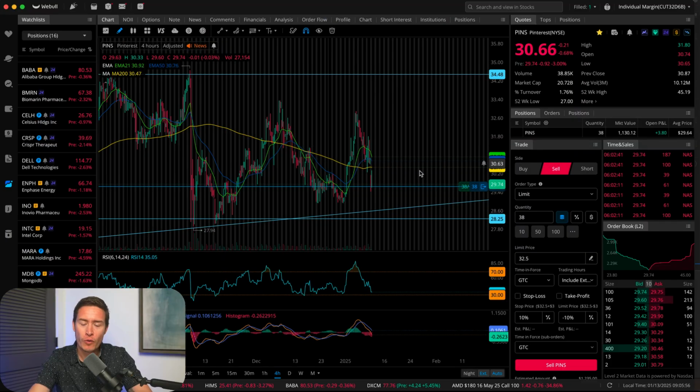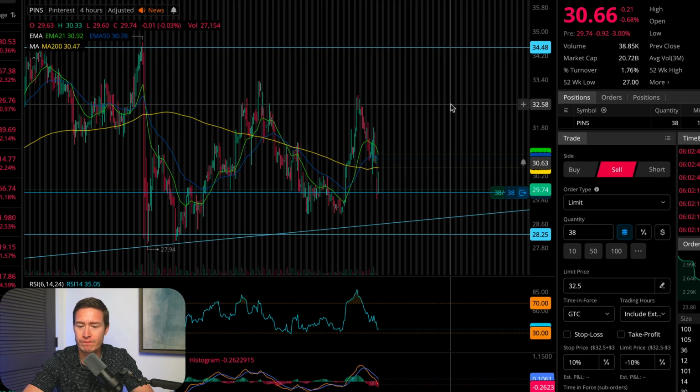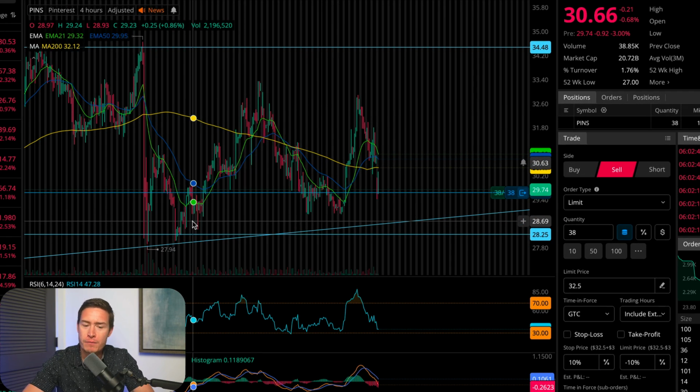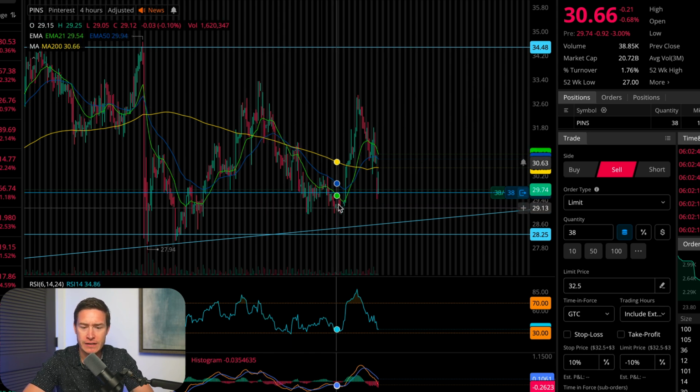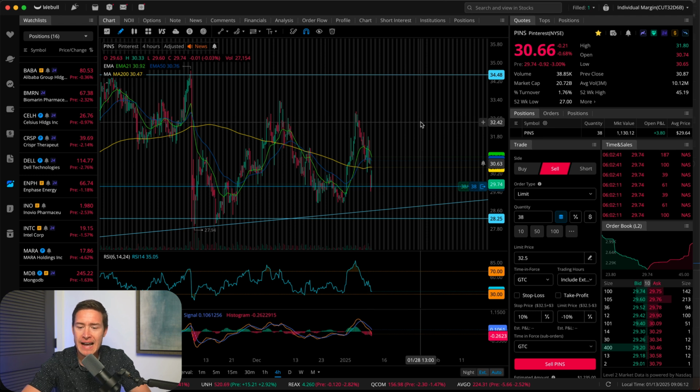So the second example is going to be selling at a key level of resistance, and you're also not going to be around to do so. For example, let's say I want to sell Pinterest stock once it reaches 32.50. You can see here, previously it reaches this area of resistance and it gets rejected. Okay, patterns tend to repeat themselves, but they don't always have to. Let's say I want to sell if this stock reaches 32.50.